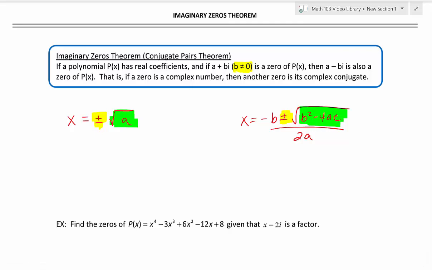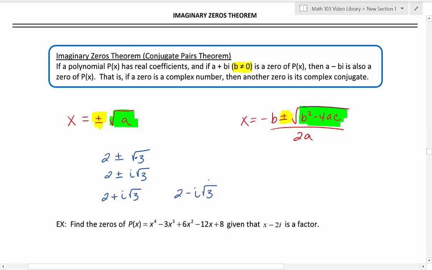Well, those are the two answers. We'd end up with something like 2 plus or minus the square root of negative 3, so that gives us an i. There were two solutions, 2 plus i square root of 3 and 2 minus i square root of 3.